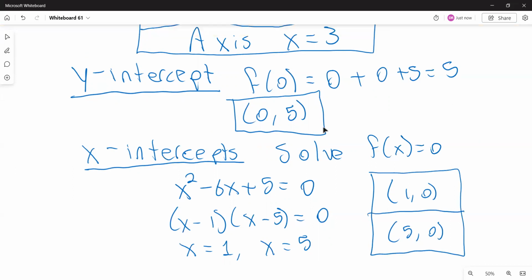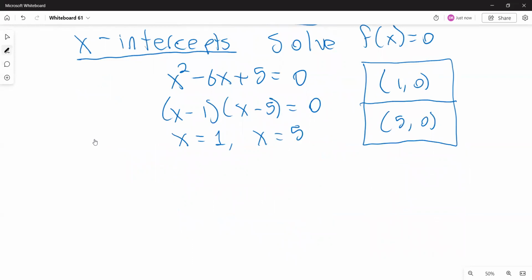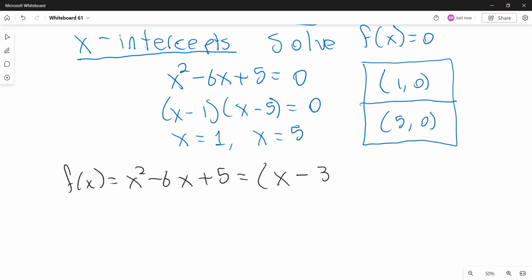And I didn't write this down, but we know that the original function is x squared minus 6x plus 5 in standard form, and in vertex form is the same as (x minus 3) squared minus 4.